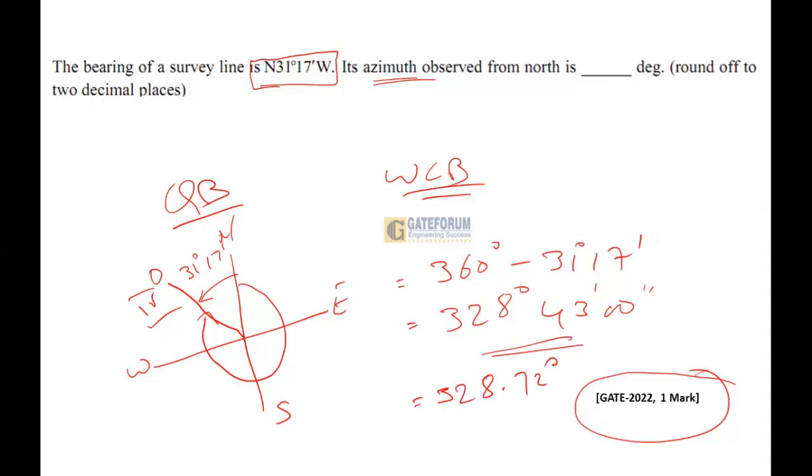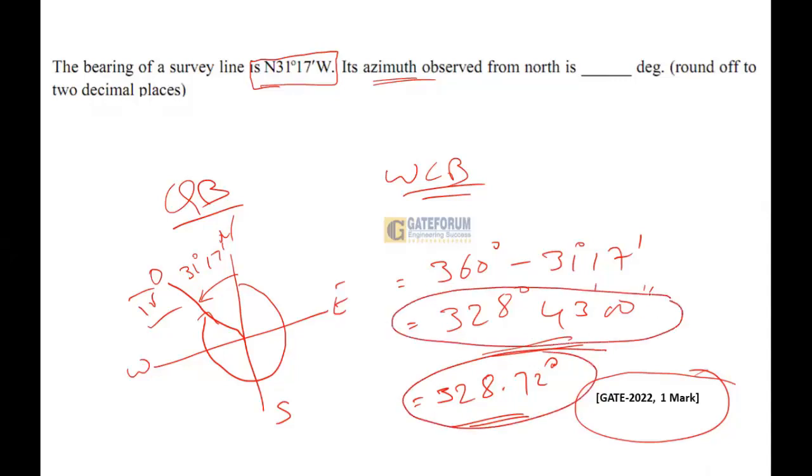This is one answer, or it can also be written as 328.72 degrees, or 328.43. In general, 328 degrees 43 minutes is the correct one. If asked to round off in decimals, then you can write 328.72.